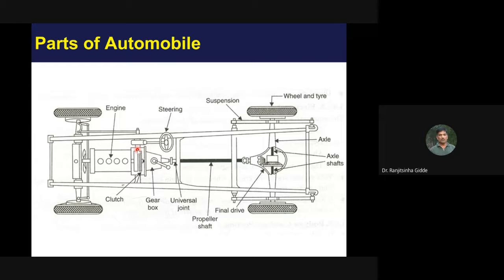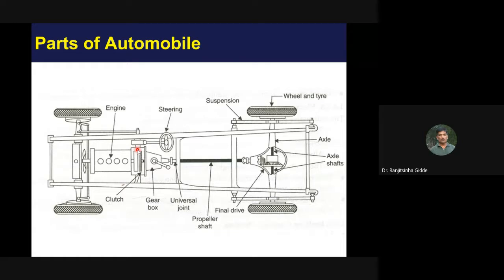Again, the classification you can see in various books, there is some change. One or two types are different, so based on the author, it may change. Like internal combustion engine and external combustion engine, that is the basic one.